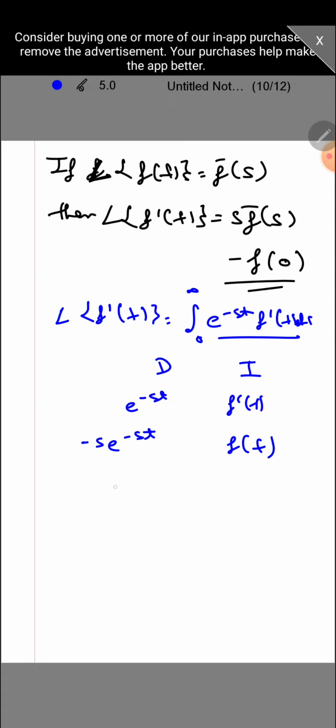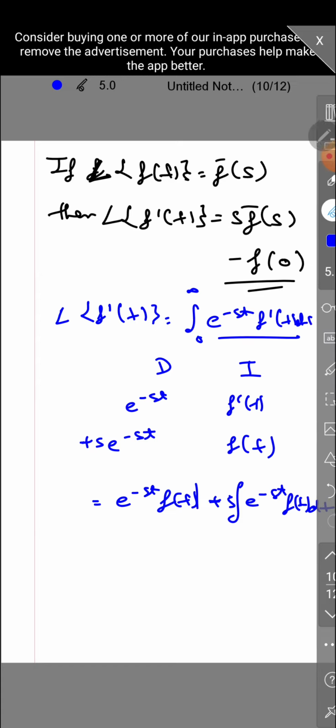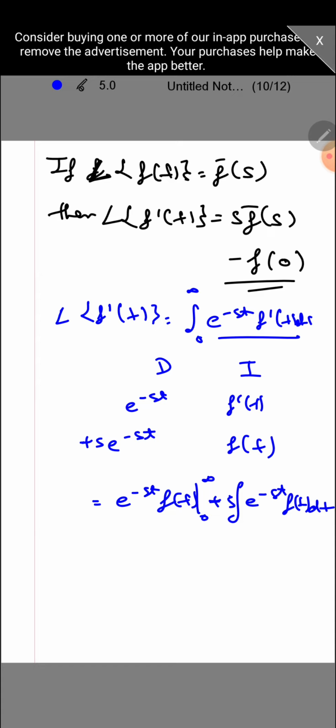So from here you will be getting e to the power minus st f(t), and minus, this minus becomes positive, so plus s times the integration of e to the power minus st f(t) dt, ranging from 0 to infinity.